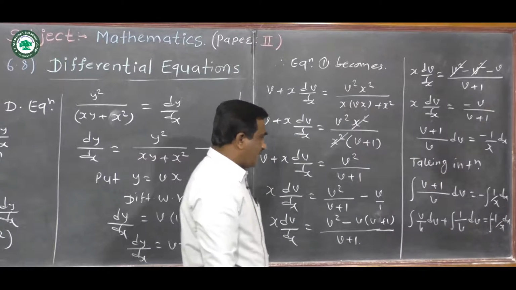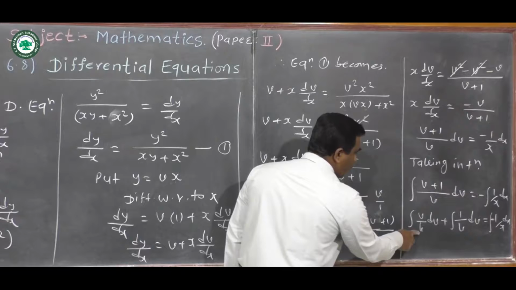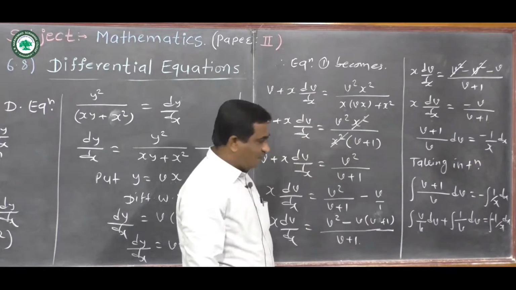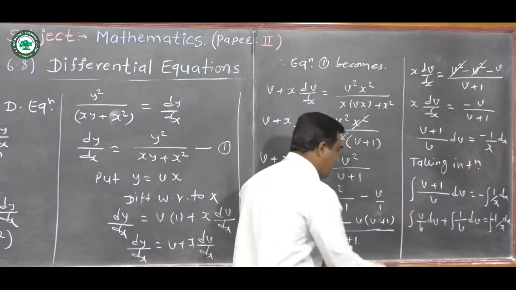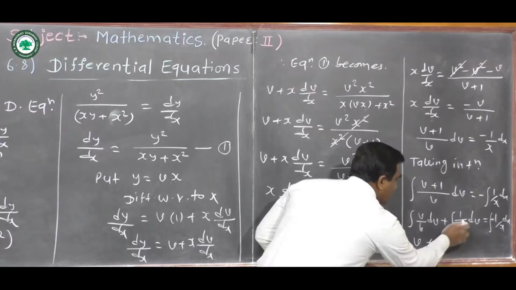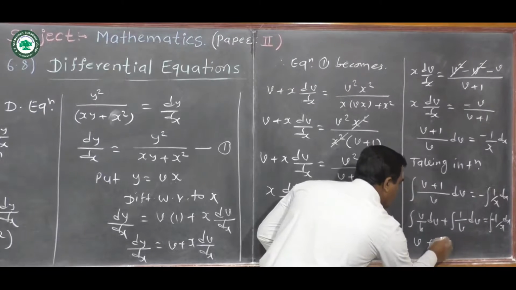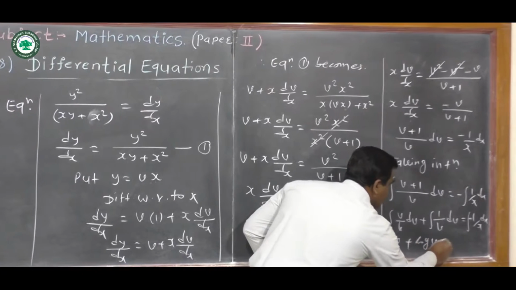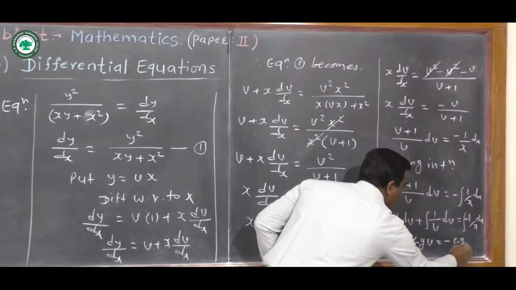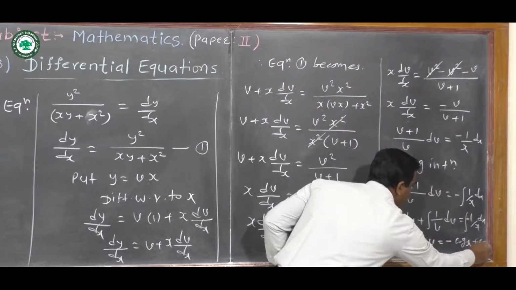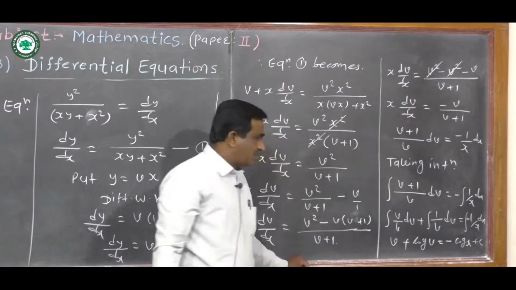That is, v upon v is 1, integral of 1 with respect to v is v, plus integral of 1 upon v is log v, equal to minus integral of 1 upon x, log x, plus constant of integration c.